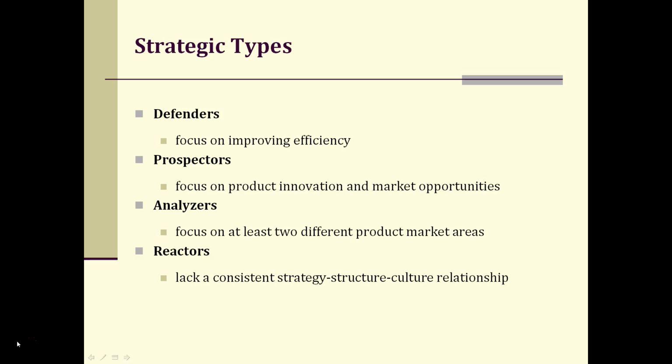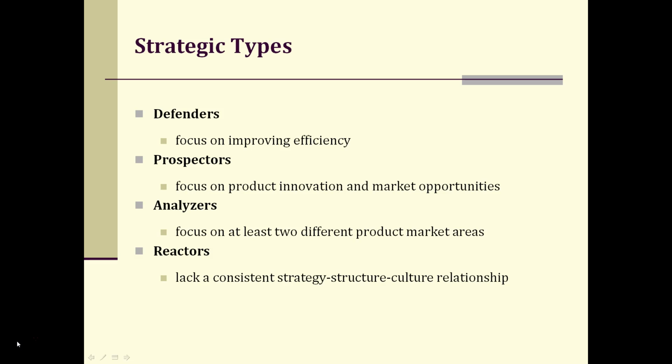But what about the strategic types? There are general types of strategic decisions that follow specific characteristics. The defenders are companies with a limited product line that focus on improving efficiency on their existing operations.